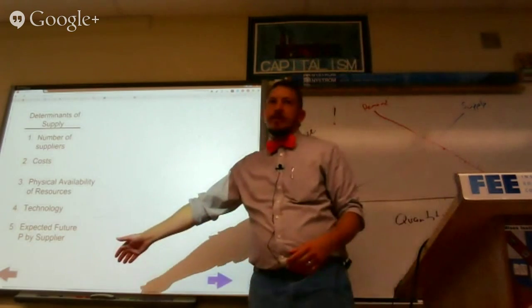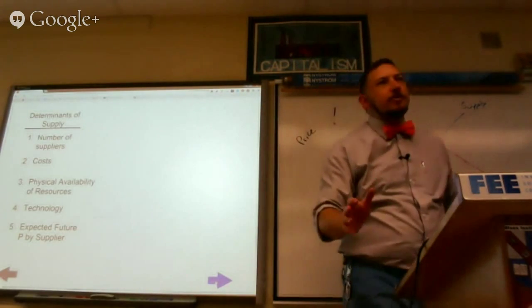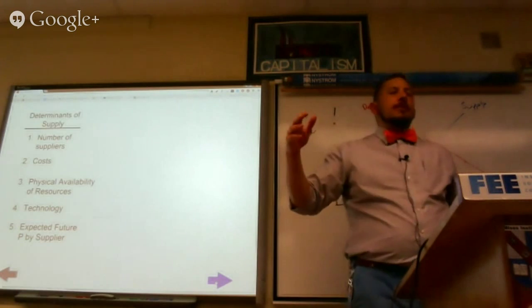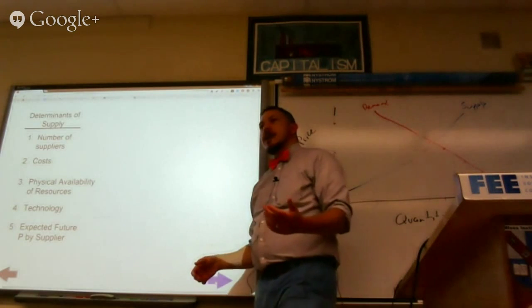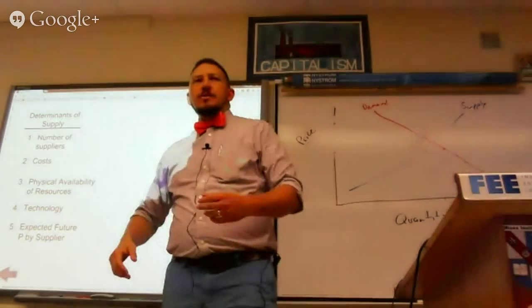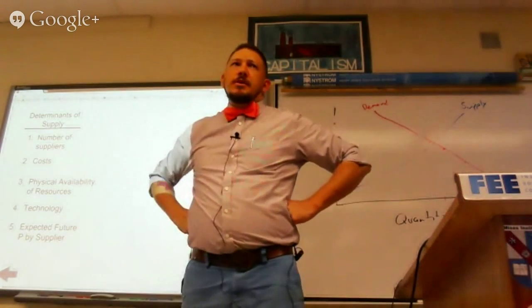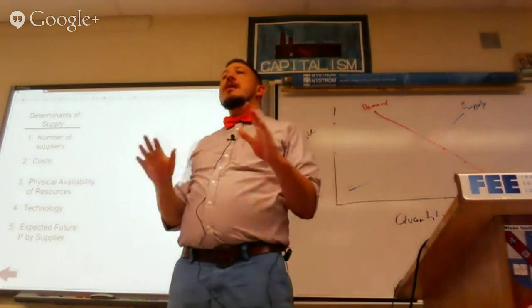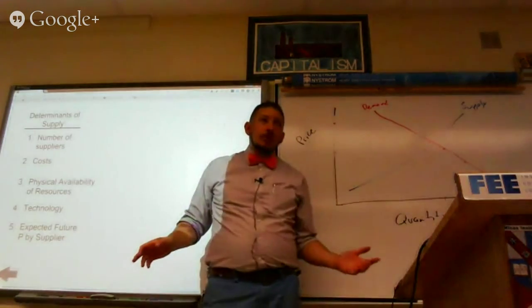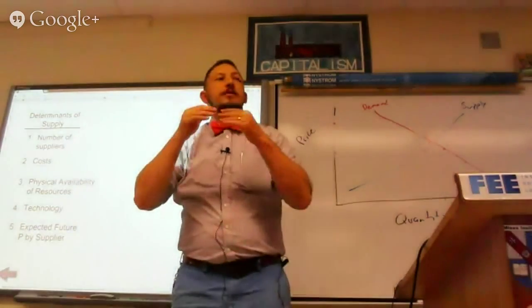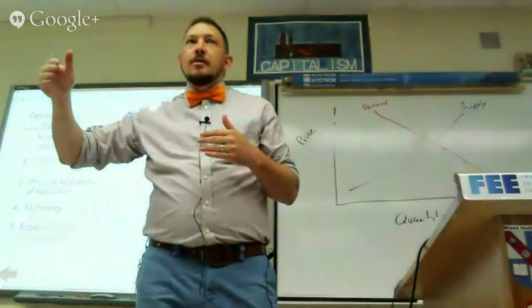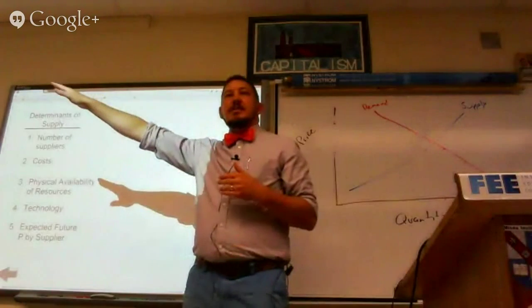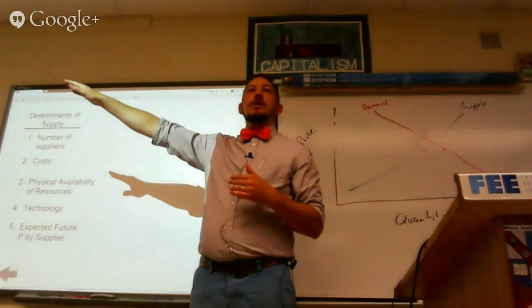Okay? Behaviors. So this is something that I want you guys to understand, because you'll hear in the news a lot, well, the cost of gasoline is going up because of the oil speculators. I'm sorry, but nothing could be further from the truth. Because the speculators, they think that the price is going to go up in the future. So what are they doing?